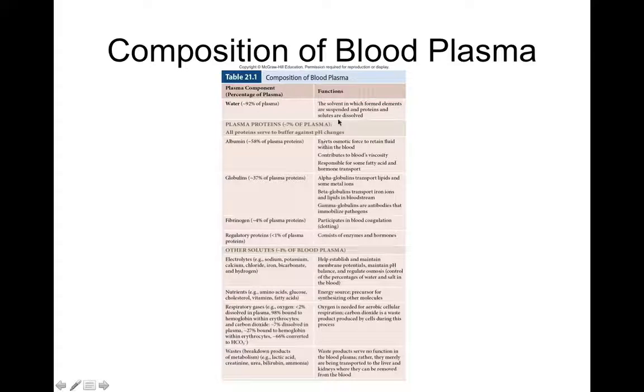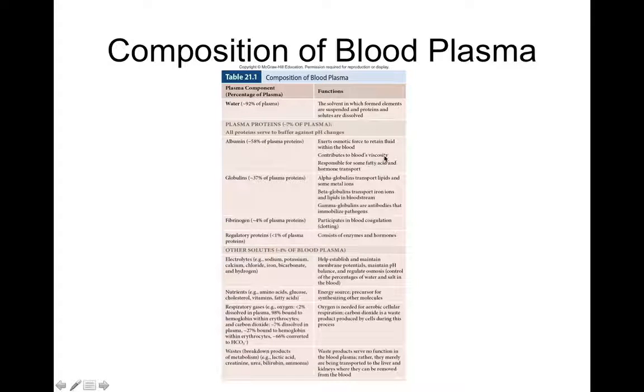One of the major functions of albumin is to exert this osmotic force within your bloodstream. Because what albumin does, it helps attract water and keeps that water in your blood. Because we know that blood has a pressure to it. Due to blood pressure, you can force water out of the blood into your body's tissues. So you'd want to hold on to that water or reabsorb water from tissues back into blood, and that's achieved by albumin.